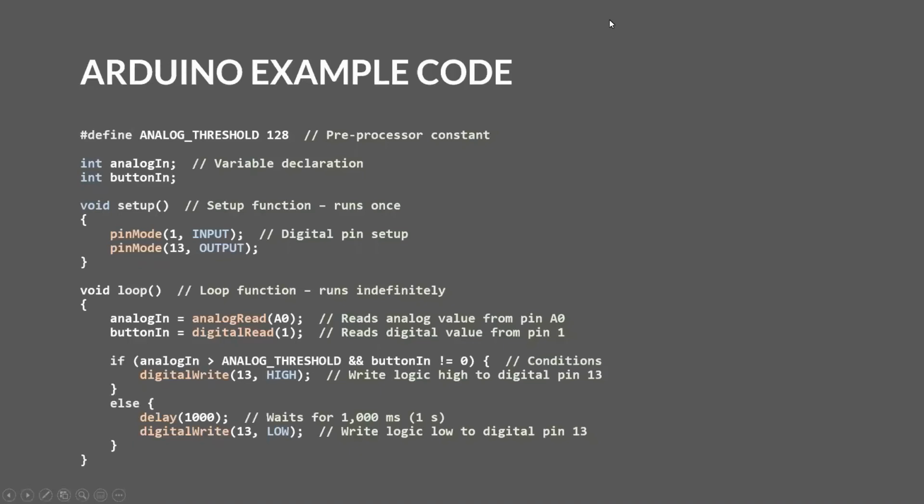So does anyone have any questions about that currently? Right, I see. So Joshua, do you need to set up pin A0 or is it only for digital pins? No, so on the analog pins, because these are only analog inputs, it is automatically inferred that you're going to be working with the input.